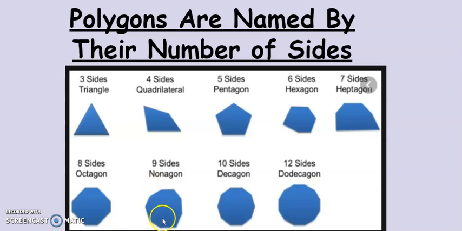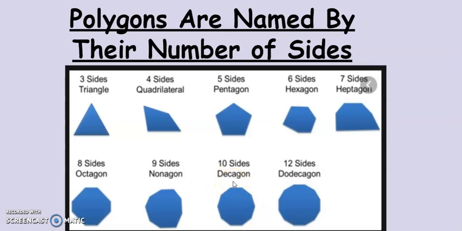9 sides, nonagon. Nona means 9. Again, not all nonagons are going to look like this, but if we count the sides on a figure that is a polygon and we count 9, it's going to be called a nonagon. On this figure, if we counted them all, we'd count 10.